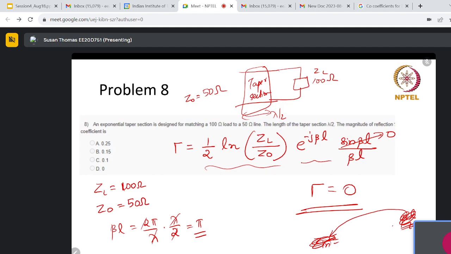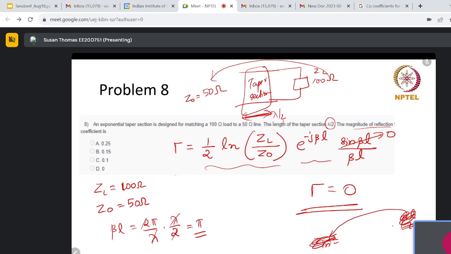Similar to that, this has a transmission line length of lambda by 2. So with that length, what has to happen? This has to match to 50 ohm. So this will ensure that it will match. So if the length of this line is lambda by 2, the question is what is the magnitude of reflection coefficient?